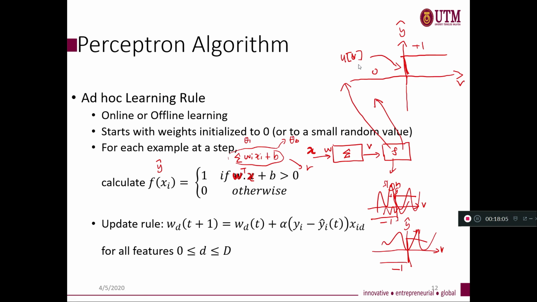And to train this function, to fit the classifier to your data, this is how they update the W.